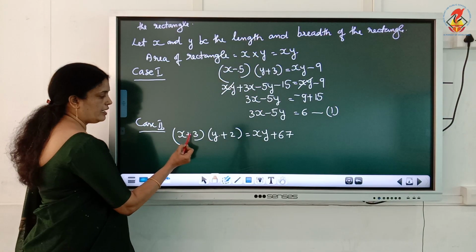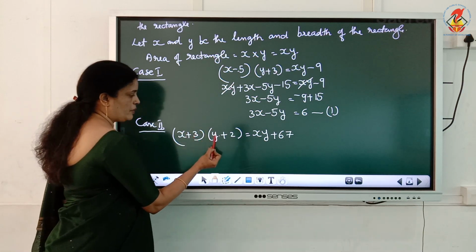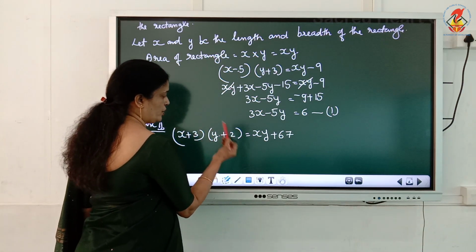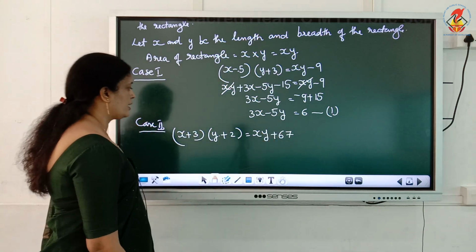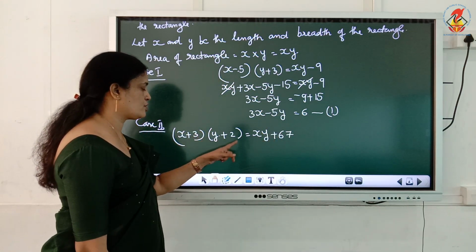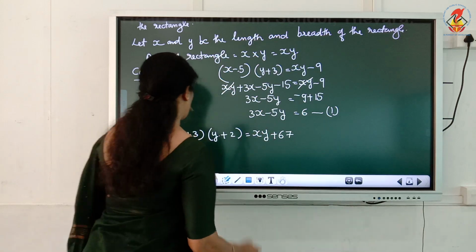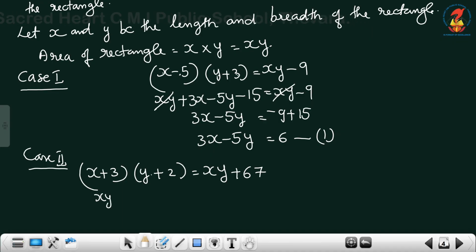Length increased by 3 units, breadth increased by 2 units, area also increased by 67 units. That means x plus 3 into y plus 2 equal to xy plus 67. Open the bracket, xy plus x into 2, 2x plus 3 into y, 3y plus 6 equal to xy plus 67.